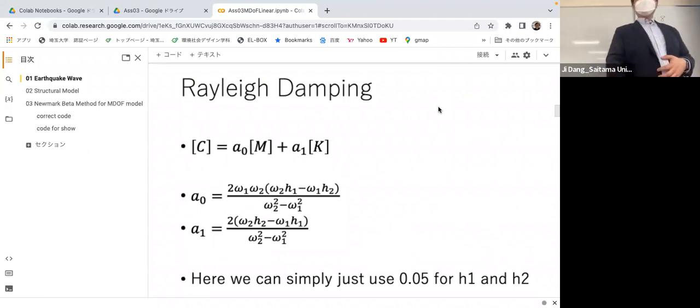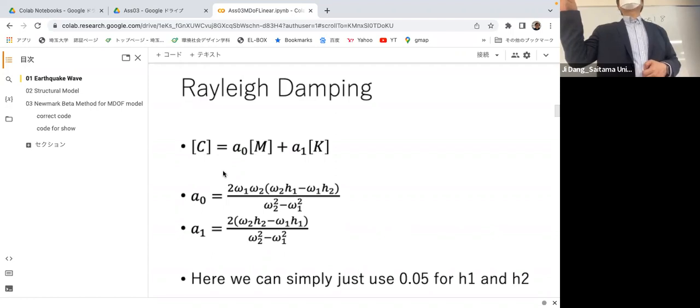So what is the problem? What are A0 and A1? I think the mathematics lecture already explained this equation, right? But how to calculate A0 and A1? You put it back into the equation of motion, and on both sides multiply by the mode vector. Then you will get the mode mass, mode damping, and mode stiffness.